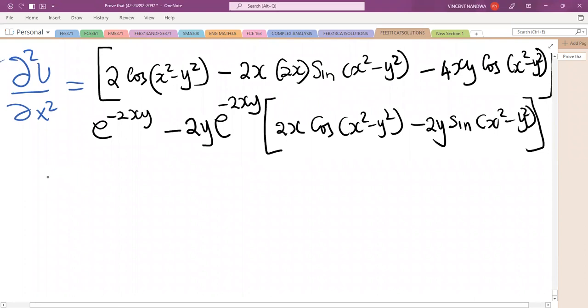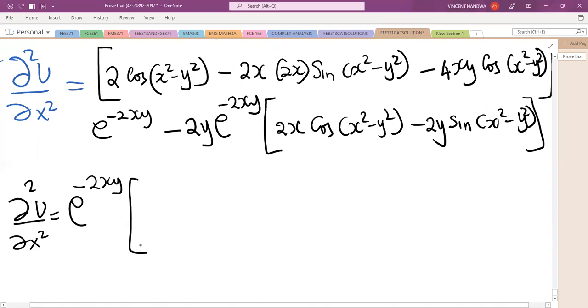So this will give me partial squared u partial x squared. So we factor out e raised to power minus 2xy. And then you see at this point here, I can start with this minus 4xy cos of x squared minus y squared.